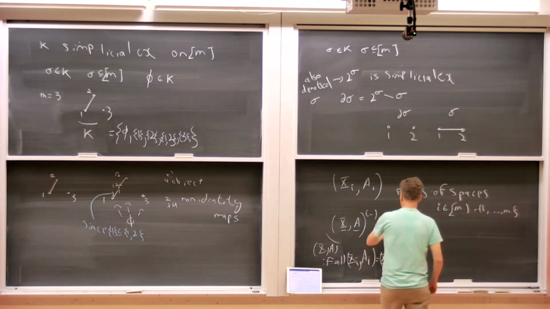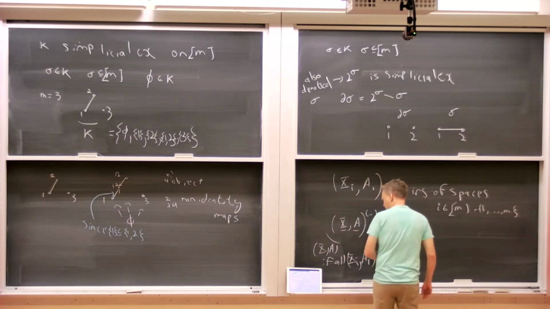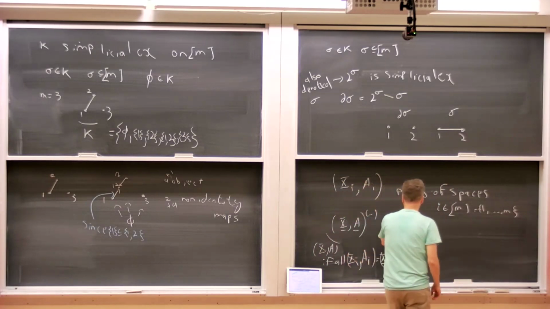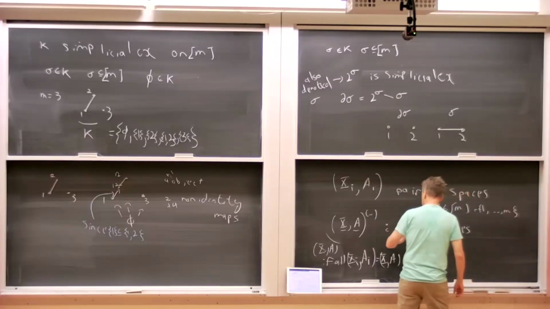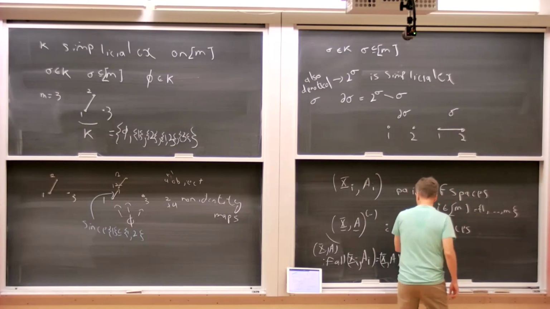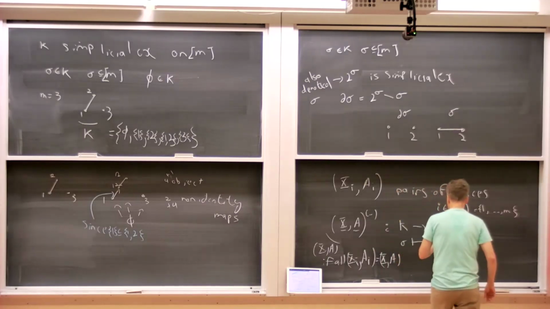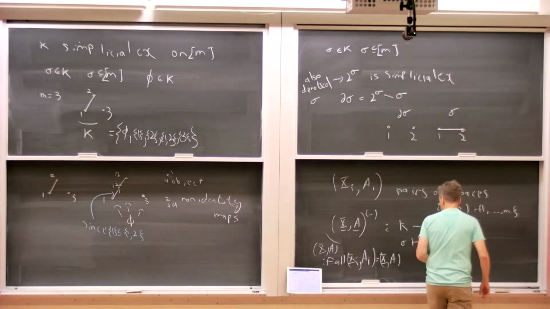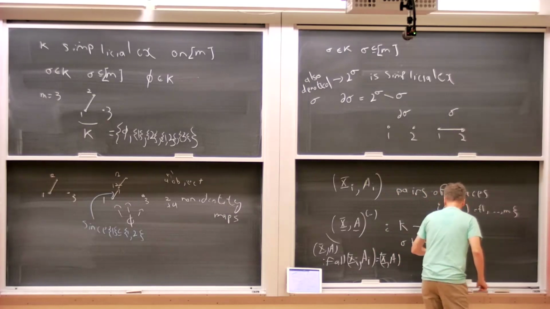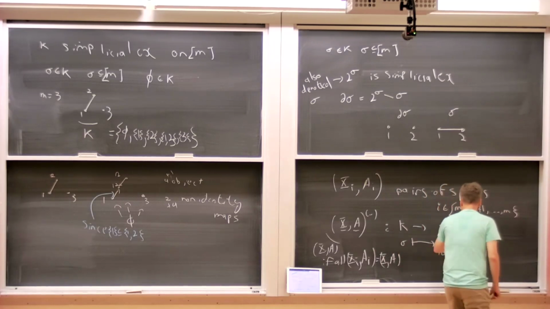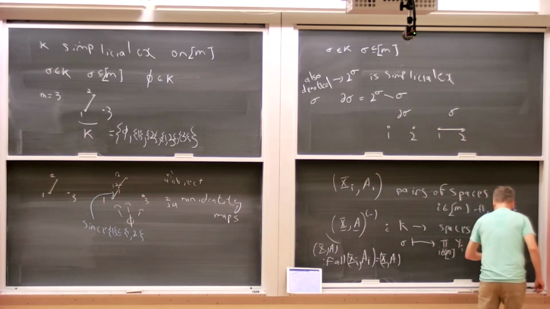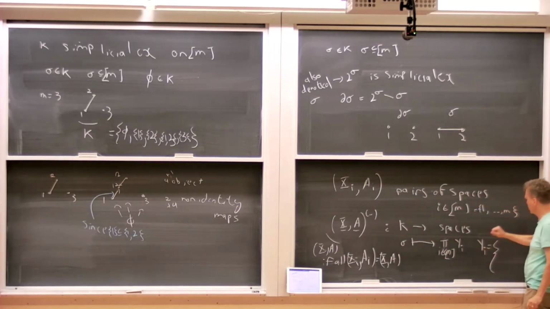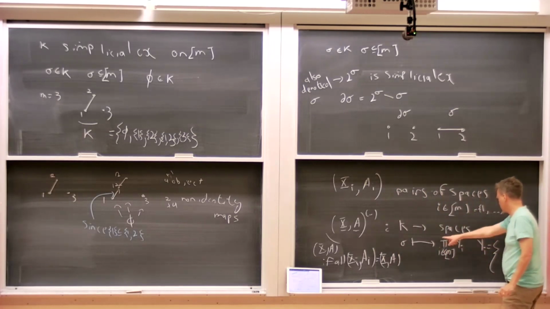So you have this functor here, which would be a functor from K into spaces, and it just sends sigma to the product over i in m of Y_i, where Y_i depends on sigma.